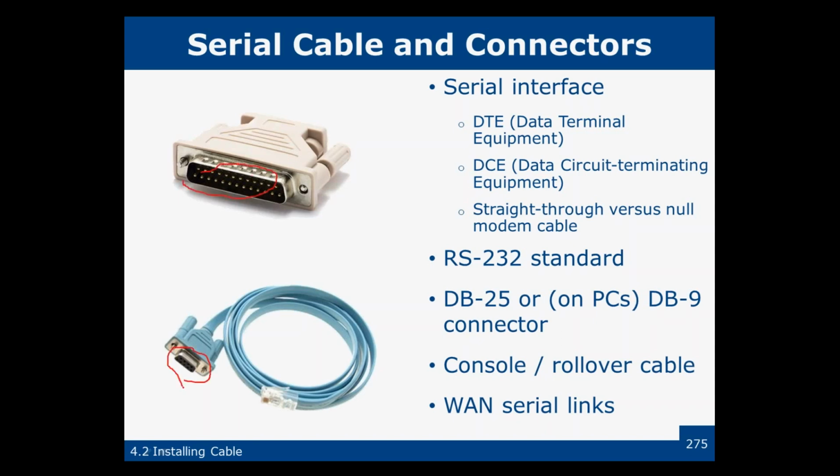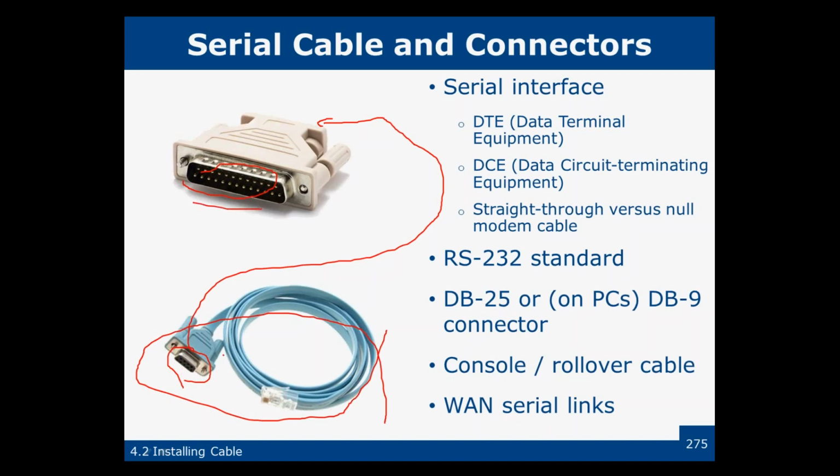This is the DB9. This one would actually go in here. This is a Cisco cable that's designed to connect to the serial port on a laptop or a computer. And if we have the 25 pin, we have to have the converter, and then connect to the console port on the router so that we can configure the router.